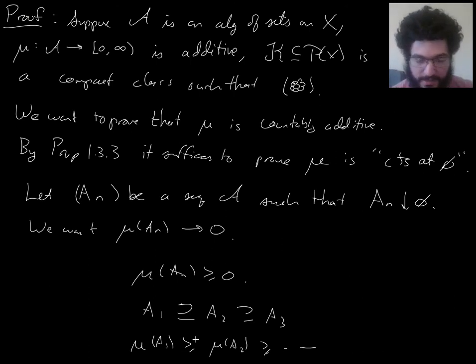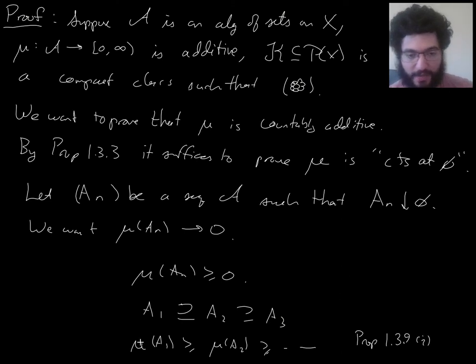So how do I know about this decreasing? How come this inclusion becomes this? How come mu preserves order like this? How do I know this? That was proposition, okay, let me look that up. Found it. It was 139, part 1. So that proposition told us that if we have a non-negative, non-negative is important again here, additive function on an algebra of sets, then when A2 is a subset of A1, mu of A2 is less than or equal to mu of A1.